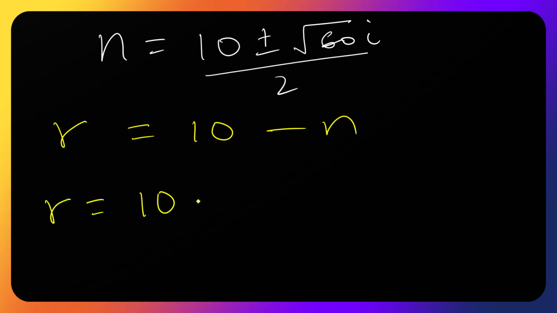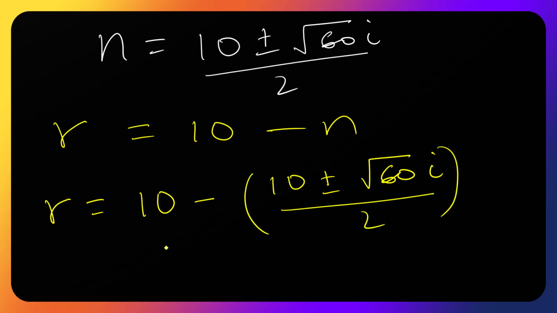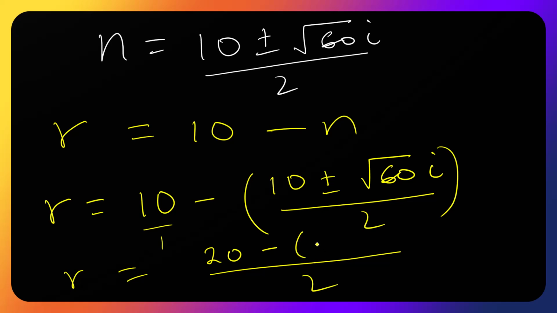So we have 10 minus, let's introduce a bracket, 10 plus or minus the square root of 60 i on 2, so over 1. Now let's find the LCM, which is 2. 1 into 2 is 2, 2 times 10 is 20, 2 into 2 is 1. So we have minus 10 plus or minus the square root of 60 i.